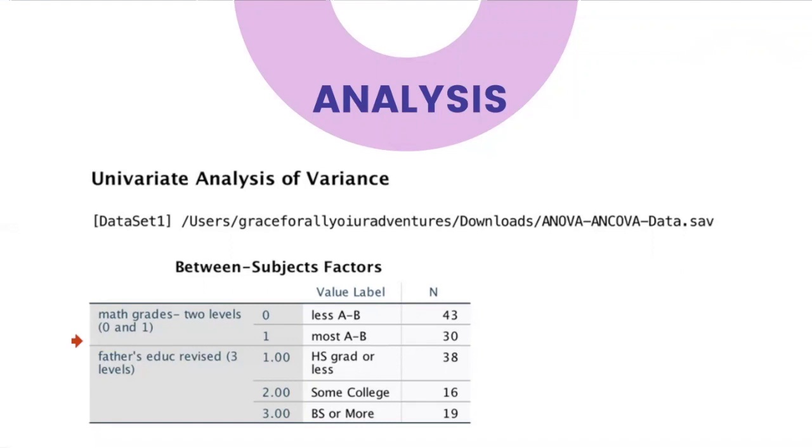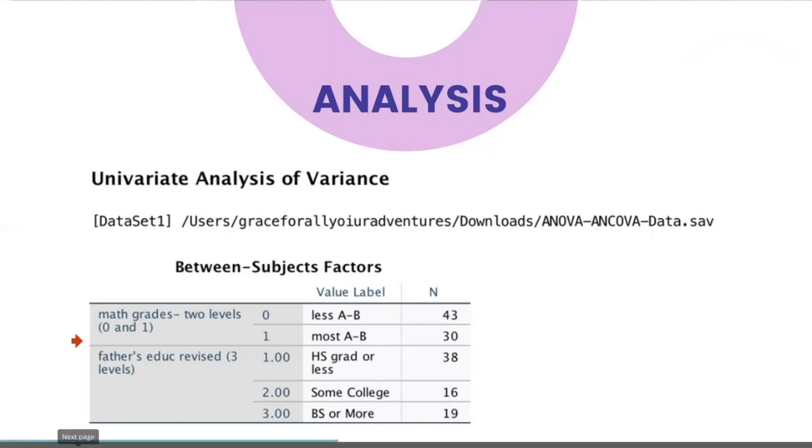And then down below is the breakdown of the fathers who are in each group of the Father's Education Revised. So the highest group we have is the fathers who are high school graduates or less. And then the lowest group we have is that some college there. And then we see that level 3 is our fathers with bachelor's of science or more college education.